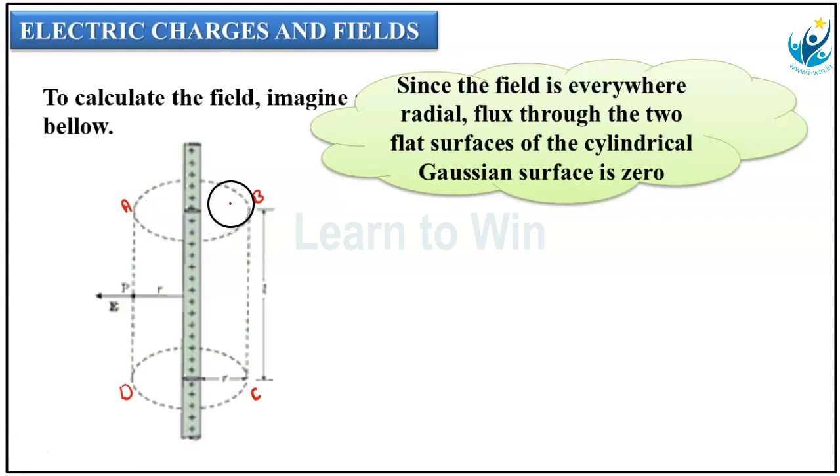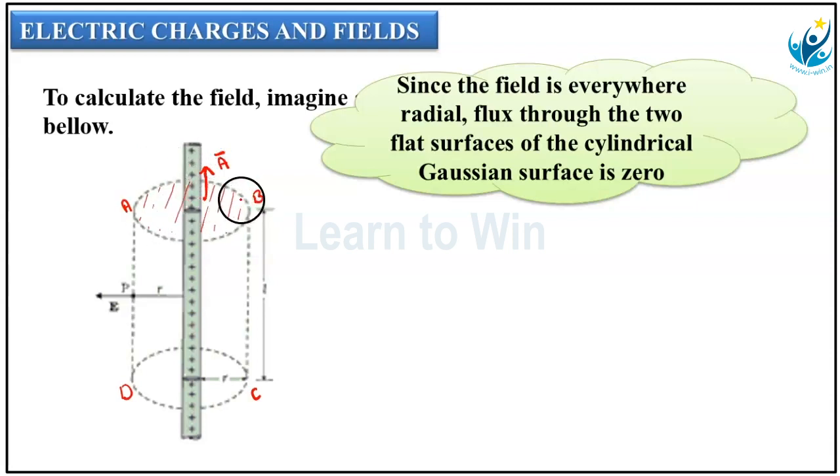Here, for this AB surface, this is the AB surface. For this AB surface, the area vector is directed like this. This arrow mark indicates area vector direction for AB surface.